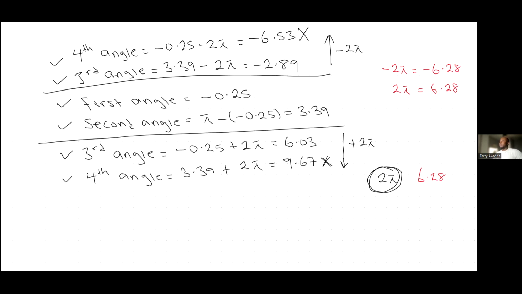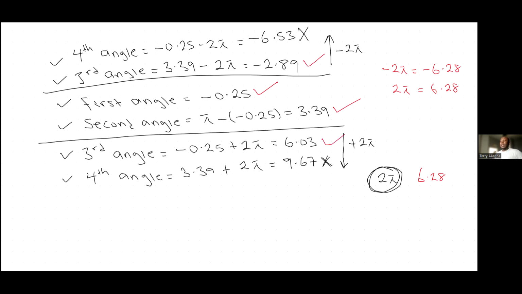Okay. So you see that the answers you have, minus 0.25, 3.39, and minus 2.89, are the correct answers for this. Also, 6.03.